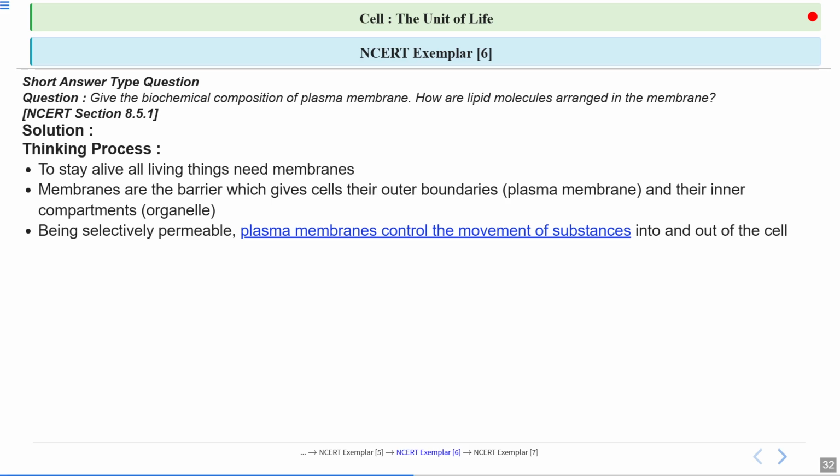So being selectively permeable, the plasma membrane controls the movement of substances in and out of the cell, right? The membranes are always selectively permeable, this plasma membrane, right? So they allow some substances to come inside and some substances to move outside, right?